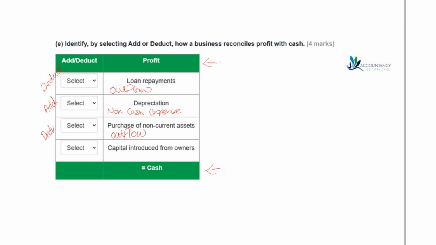So we're going to deduct. And capital introduced from owners. So more capital is coming into the business. So it's an inflow. So we will add. And that gets us from our profit down to our cash figure.